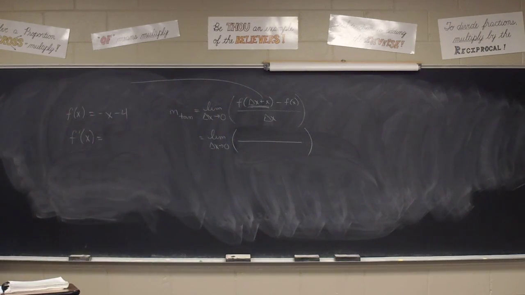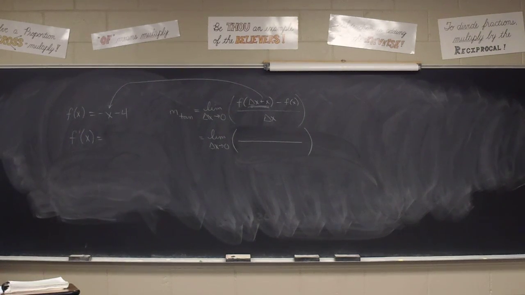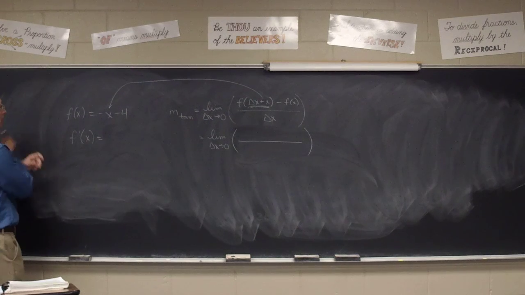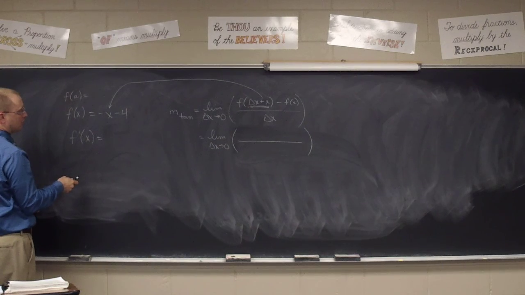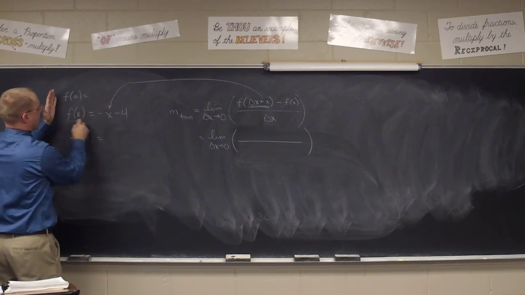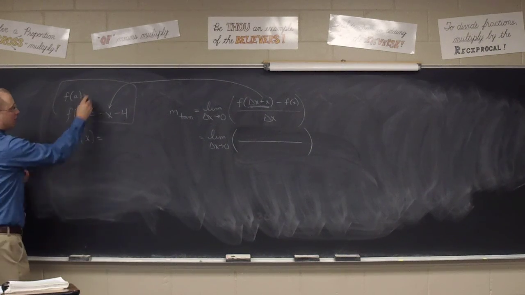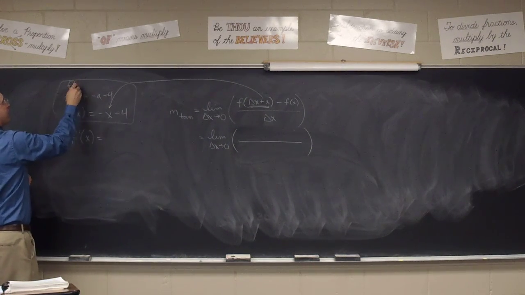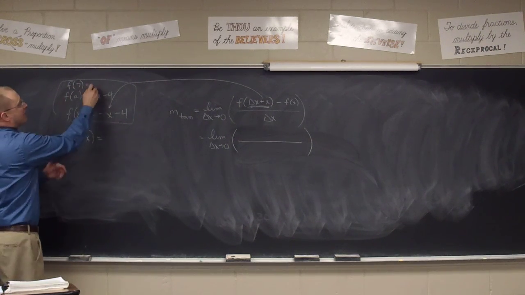For f of delta x plus x, what should I write, Jamie? What if it's at f of a? What would I write, Jamie? F of x is negative x minus 4. Find f of a. Negative a minus 4. Right, if I said find f of 7, I would have negative 7 minus 4.